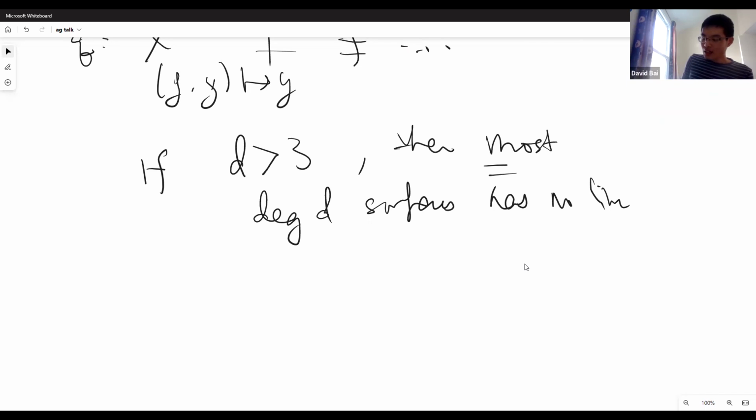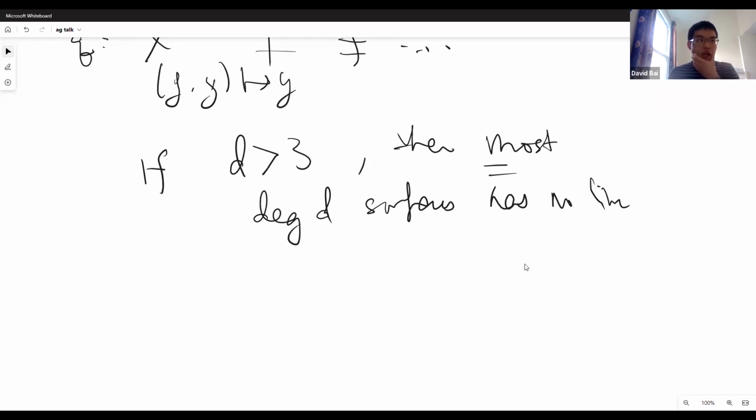So the story doesn't actually end here. You can also ask the following question. If I let N_d be the maximum number of lines on a degree d surface, given that it does contain finitely many lines, then what is N_d? So Segre showed in 1943 that N_d is bounded by (d minus 2) times (11d minus 6). However he did it, that bound is far from sharp.